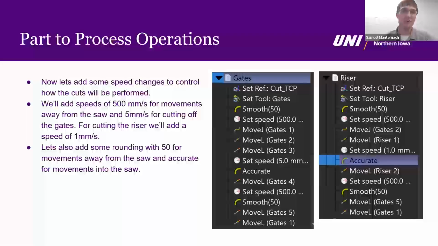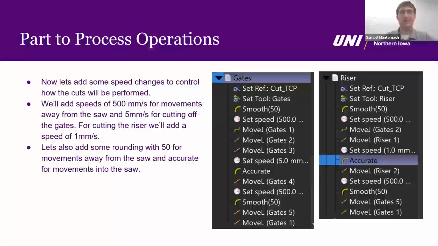That way we're going to be moving very slowly through the cut and much quicker away from our saw so that we can keep moving our operation forward at a good pace. However, we do need to move very slowly when we're going through these cuts, just to make sure we get consistent, clean cuts when we're using our bandsaw blade, and we avoid any flexing of that bandsaw blade or crashes that can occur that way.